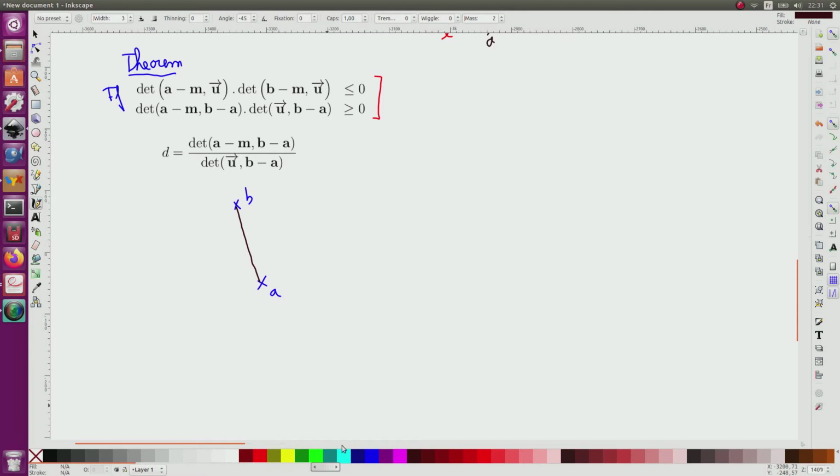I have M here, U like this, and U is unitary, so the norm is equal to 1. And this point I will call Z. So it plays an important role since it will give me the distance.